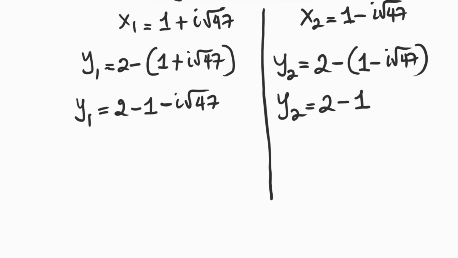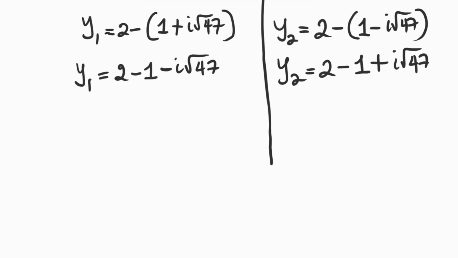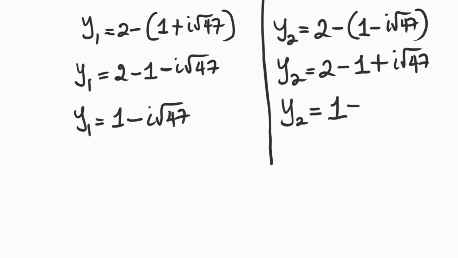Minus times minus will give us plus i root 47. So our y1 is equal to what? 2 minus 1 will give us 1 minus i root 47. And our y2 will give us what? 2 minus 1, also 1 plus i root 47.